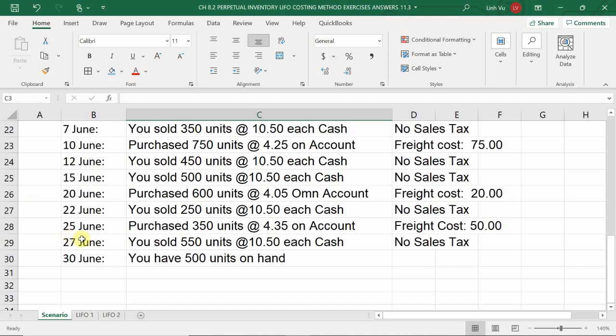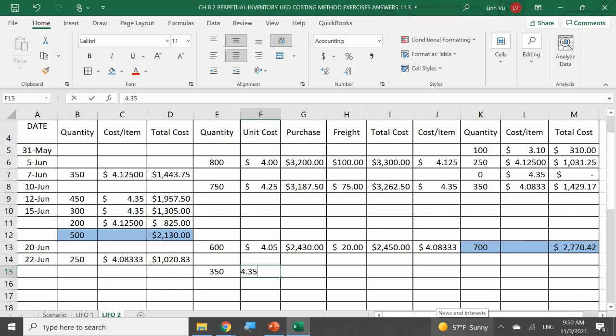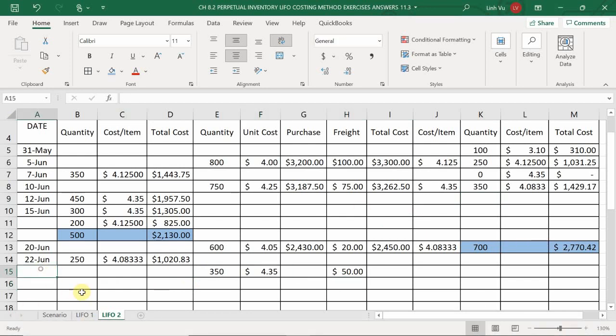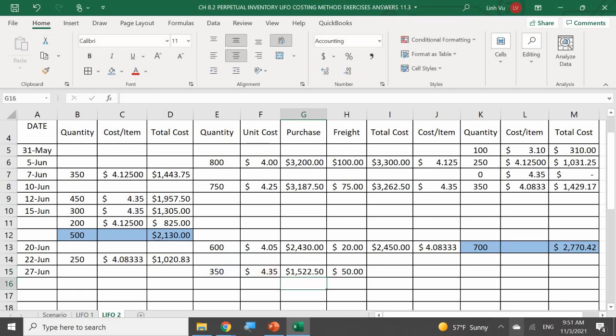So then on June 25th, we end up purchasing another 350 items at 435 with a freight costing 50. So 350, 435, and 50. So again, another batch of inventory here. And let's see, what is our purchase price here? $1,522.50.